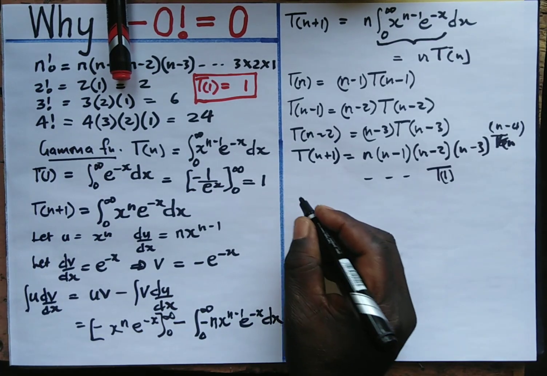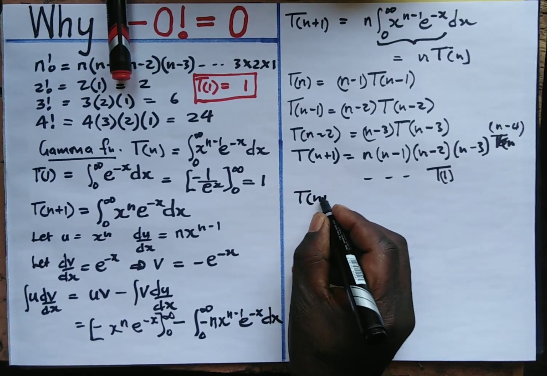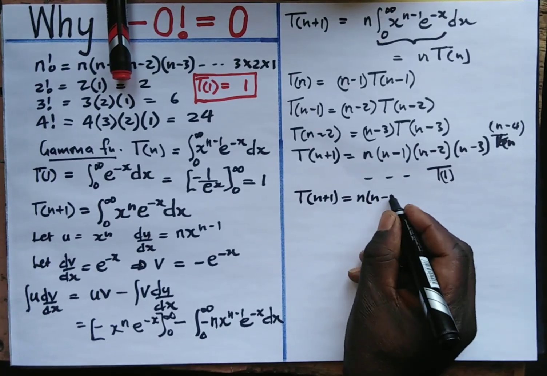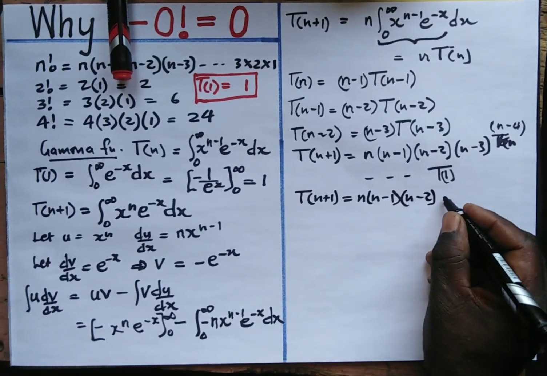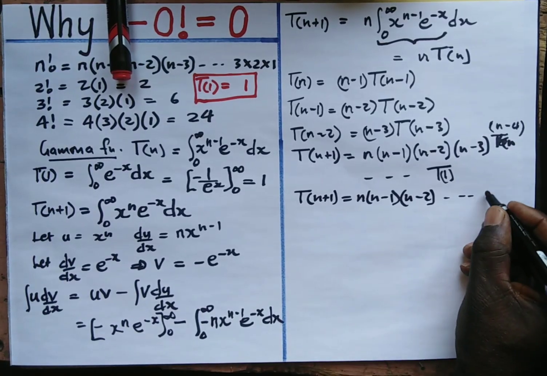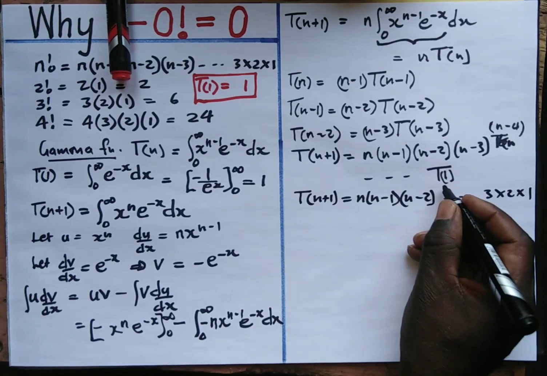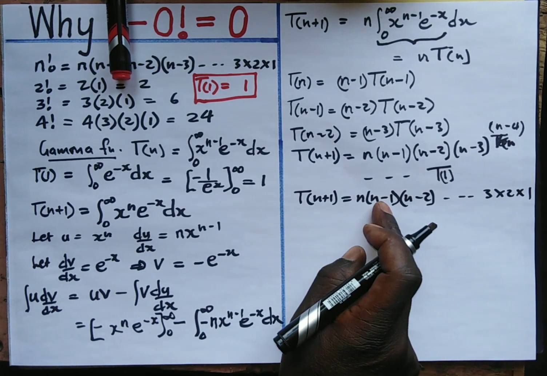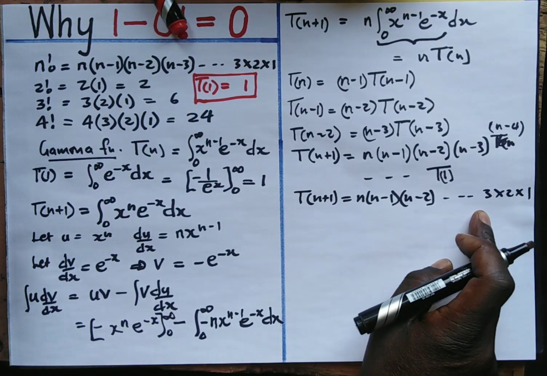So we can write again here our gamma of n plus 1 is equal to n, n minus 1, n minus 2, all the way until we get to 3 times 2 times 1, which is our gamma of 1 there. But what is this here? This is equal to the definition of n factorial.